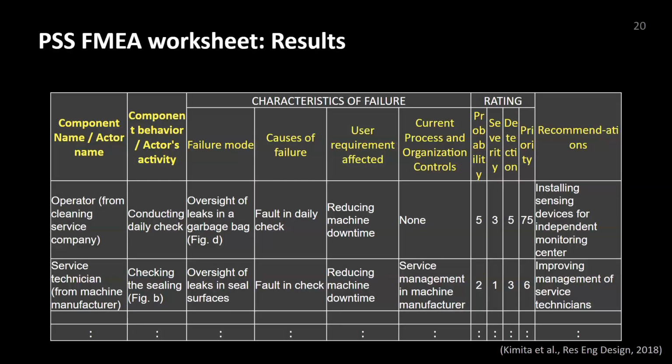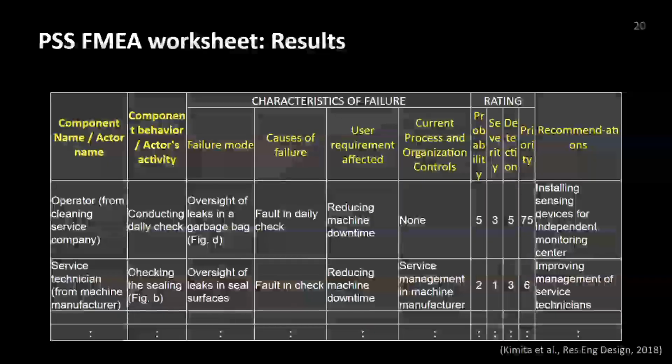And through the description of the previous slides, you come to the point where you can describe the probability, severity, and detection difficulty, and thereby you can calculate how high the priority is for each failure mode.